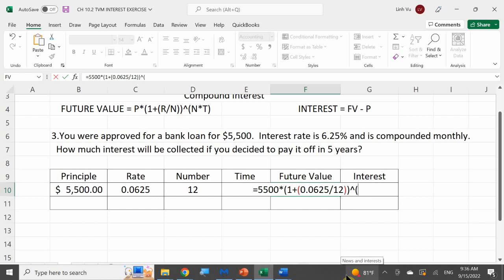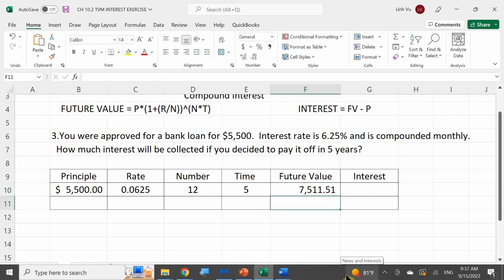So n is 12, and how many years I have this, we know it's 5. So that's important that you know. If you want to do that in your head, you can also do that: 12 times 5 is 60. But in this case, that's the formula you need to be punching into Excel. It's very, very specific, so you don't get a syntax error. Okay? And of course, enter.